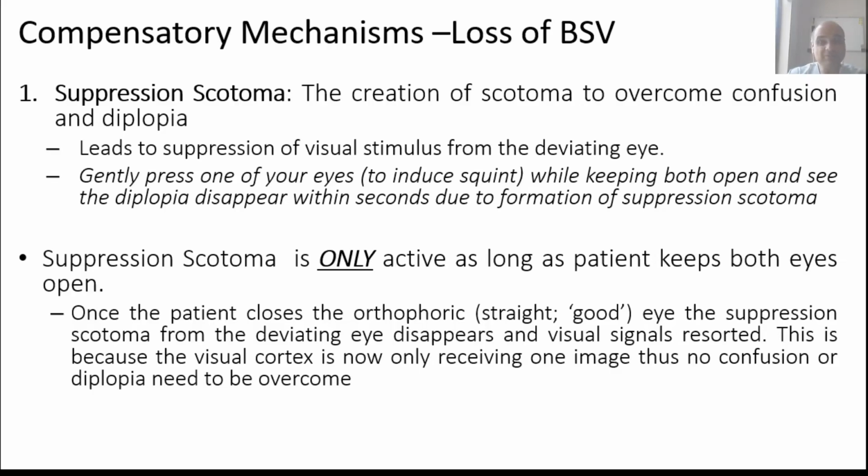So the separation scotoma is a very peculiar type of scotoma. It is only there as long as both eyes are open, and once the patient closes the good eye, the straight eye, or the orthophoric eye, the separation scotoma disappears automatically. You don't even have to ask for a magic trick. And that happens because the visual cortex is only receiving impulses from one eye. I'll show this to you diagrammatically as well, on the slide that's coming up.